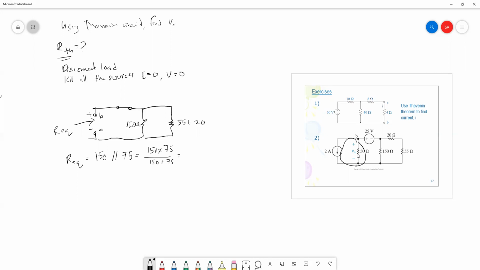Okay, you should get around 50 ohm. Okay, so this is your RTH. So I just write down here just to remember. It's 50 ohm.